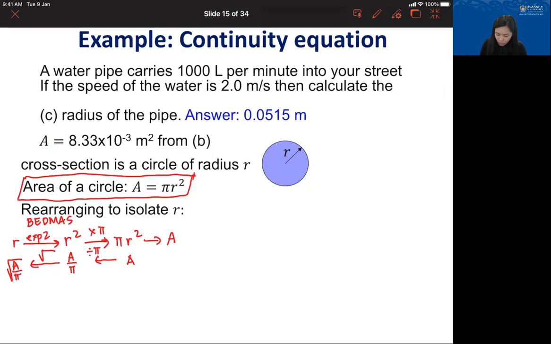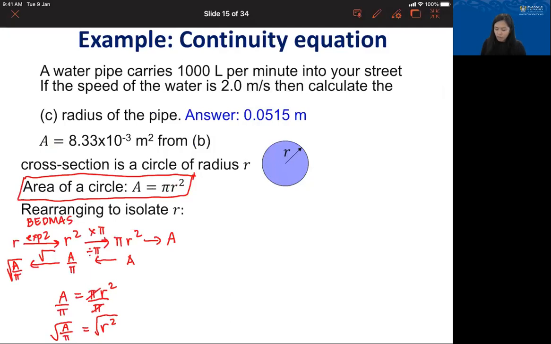If you want to do the rearranging the shorter way, you need to get rid of pi first by dividing both sides by pi. So you have A over pi on the left side and r squared on the right side. Then you get rid of the square by taking the square root.